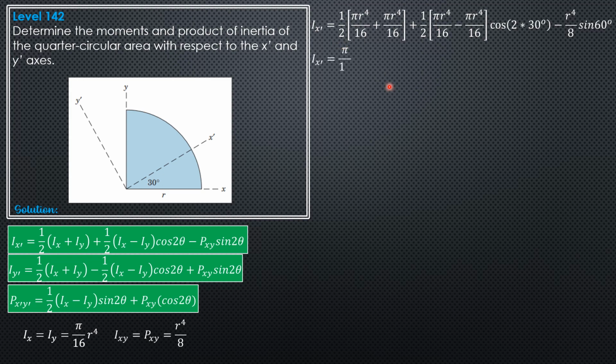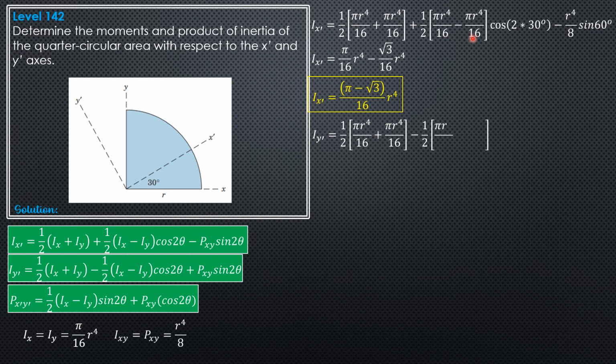So Ix prime equals pi r4 over 16 minus square root of 3 over 16 r to the fourth. Factoring out r to the fourth over 16, then Ix prime equals quantity pi minus square root of 3 times r to the fourth over 16. Likewise, Iy prime is equal to 1 half quantity pi r4 over 16 plus pi r4 over 16 minus 1 half quantity pi r4 over 16 minus pi r4 over 16 cosine of 2 times 30 degrees, then plus r to the fourth over 8 sine of 60 degrees.